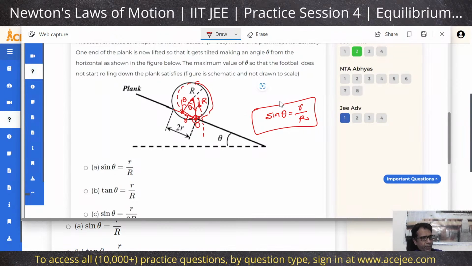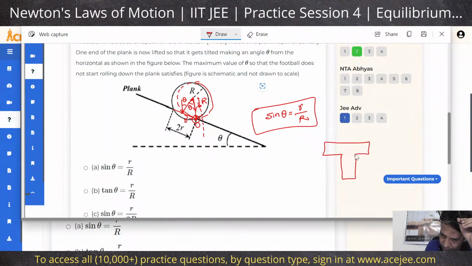It's the same thing. Let me draw another equivalent scenario. So let's say you have a T kind of structure, right? It is balanced. The center of mass is located along this line. But if you put some weight here, the net center of mass shifts.